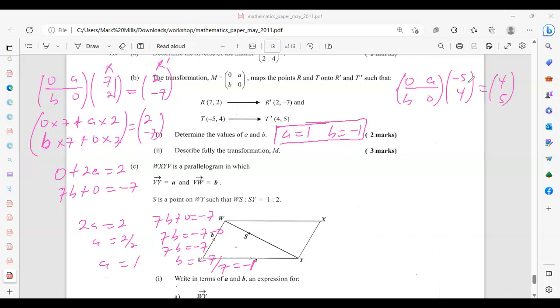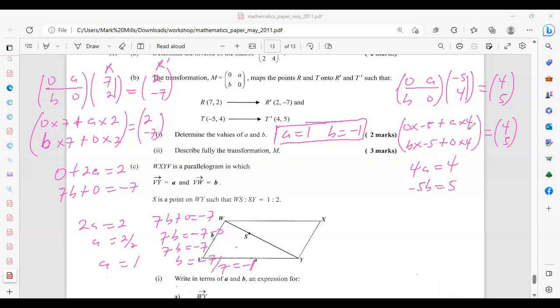So you multiply the row by column. You're going to get 0 times -5 plus A times 4. Then you're going to get B times -5 plus 0 times 4, right? This equals 4 and 5. So this will give me 4A is equal to 4 for the top part. Then the other one is -5B is equal to 5.